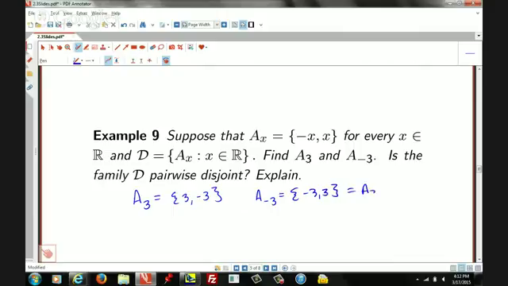So that's equal to A3. So tell me about these sets D. Does it appear that those are going to be pairwise disjoint? Yeah. That is pairwise disjoint.